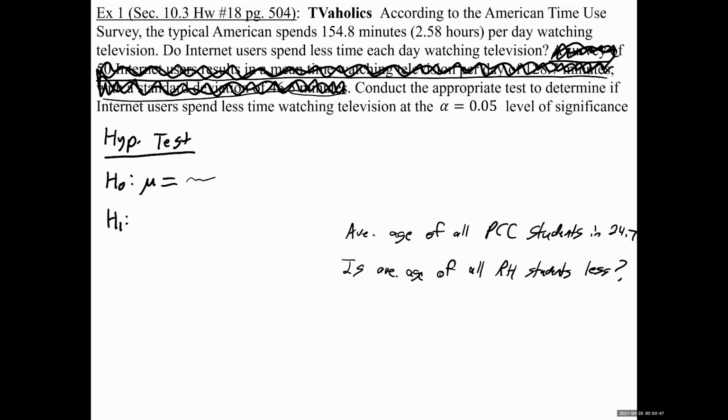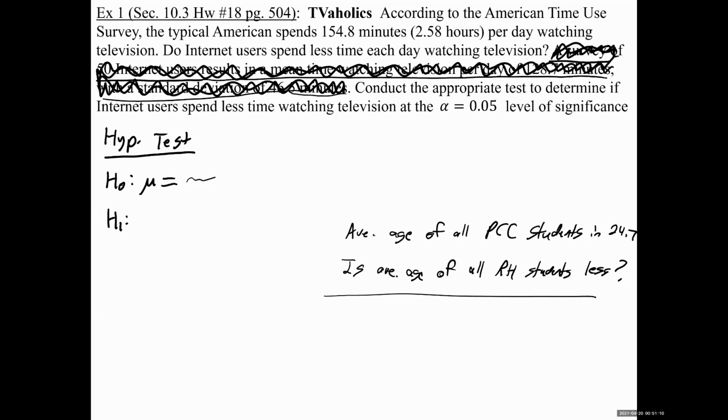I want you to take a look at the way it's worded here. There are two populations, all PCC students and all Rio Hondo students. Where's the question? The question is about Rio Hondo students, right? So why do they mention PCC? There's no question about PCC. The average age of all PCC students is 24.7. Nobody is arguing over it. The argument is about Rio Hondo students.